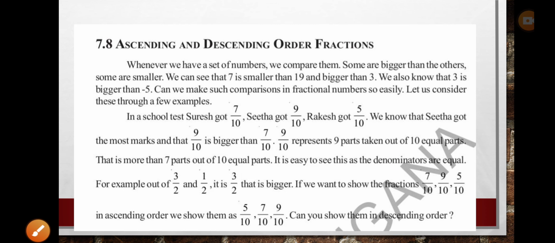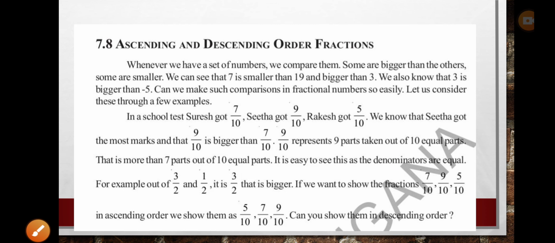Only like fractions we will discuss today. Ascending order, as I already told you, means ascending, like climbing, from the smaller to the bigger. So small to big. Here, look, 7/10, 9/10, 5/10 are given. So 9/10 is bigger than 7/10. 9/10 represents 9 parts out of 10 parts.